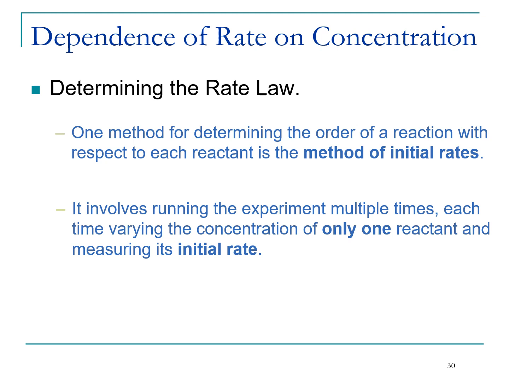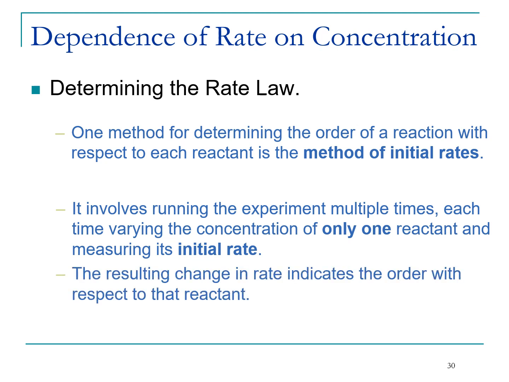So we run the experiment multiple times, changing the concentrations. And also notice you can only change the concentration of one at a time because you want everything else to stay constant. Then you're going to measure the initial rate, and then we'll be able to find the order. So I think the easiest way is to just do an example.